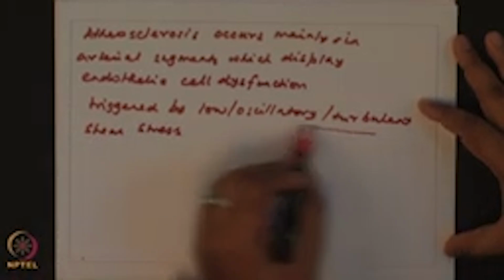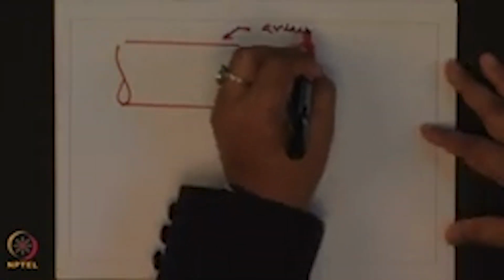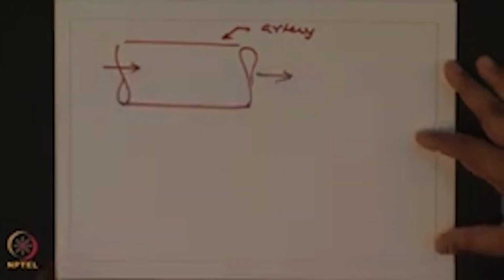Okay. So, let me briefly explain what this is. If you take a simple pipe, let us say this pipe is equivalent to our artery, and your blood is flowing in a given direction. Okay.